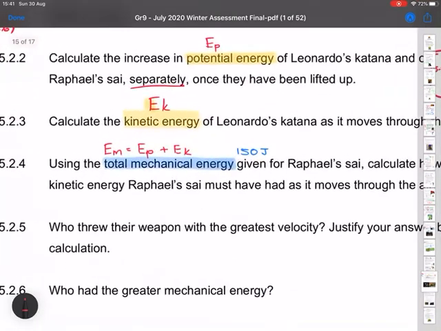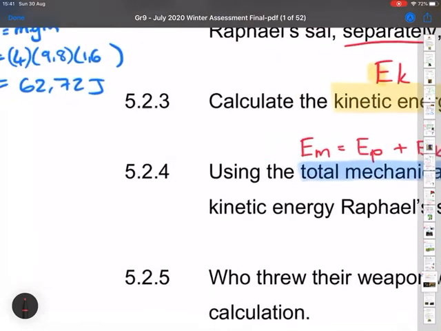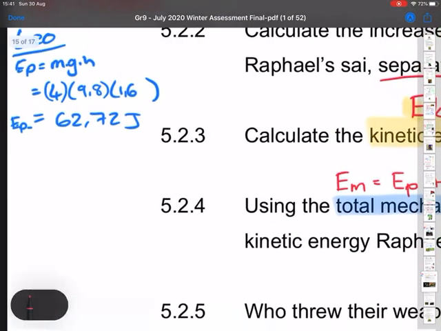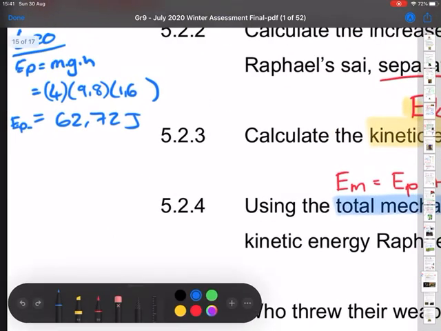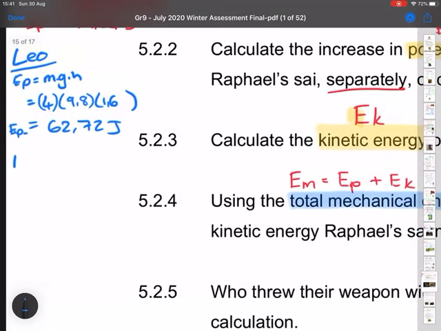Now we're going to calculate the kinetic energy of Leonardo's katana as it moves through the air. So formula for kinetic energy, EK equals half mv squared. You were given that. So you need to have half times mass times velocity squared. So half is going to be 0.5. The mass of Leonardo's weapon was 4 kilograms.